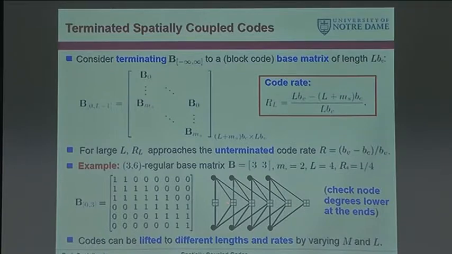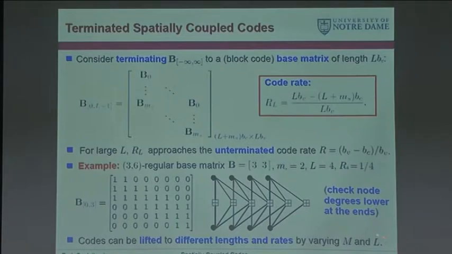Now, a terminated convolutional base matrix like this can be lifted using the graph lifting procedure, with permutation matrices on each edge. And you can get different lengths and different rates depending on what size lifting factor and what size termination length you use.